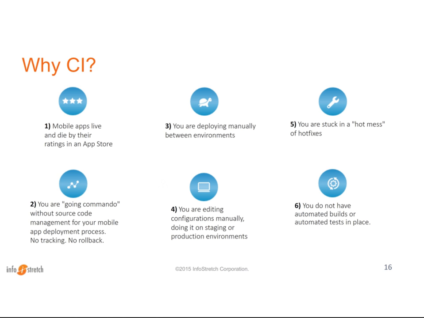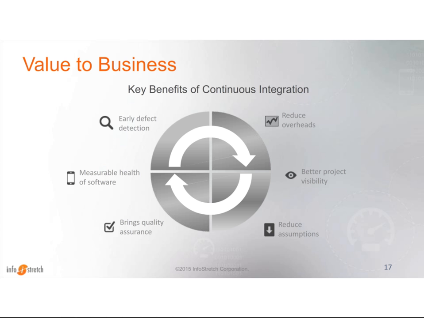Moving further, what's the value of CI to the business? The key benefits are, basically, we identify the defects earlier, so early defect detection. Then we know the overall health of the software early enough by establishing continuous testing in an automated integration process.